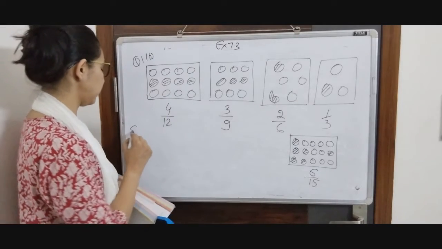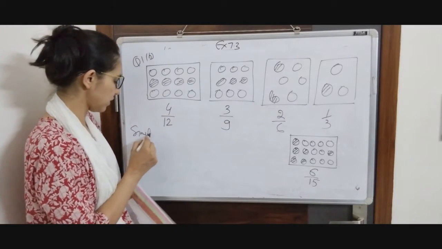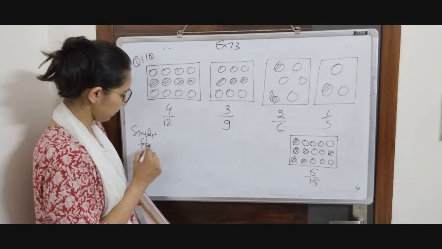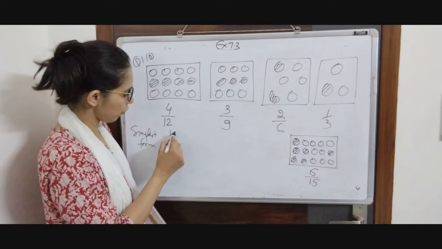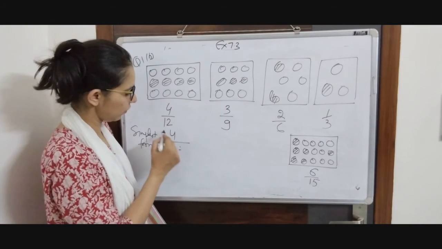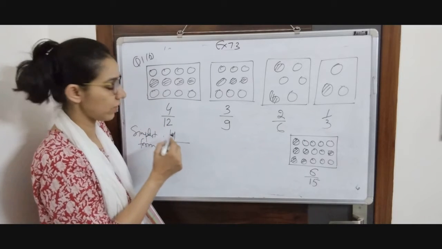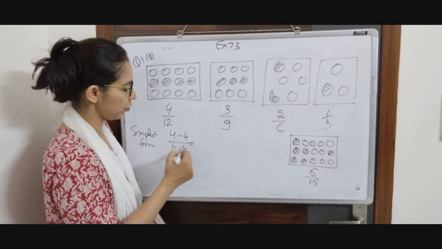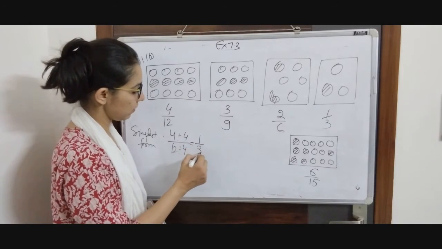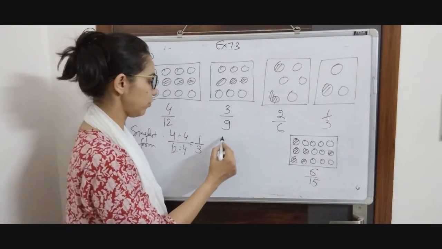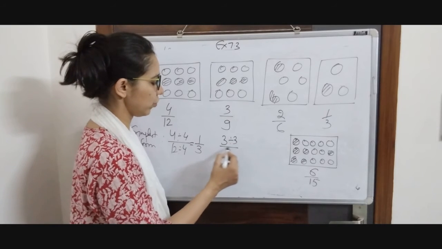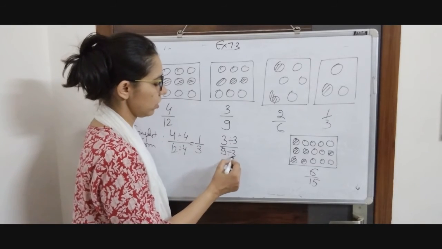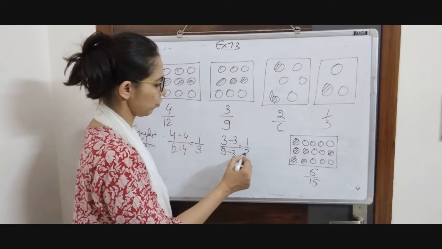So we are going to write the simplest form. The first is 4 by 12, and the HCF of 4 and 12 is 4. So we divide numerator and denominator by 4, and we get 1 by 3. Similarly 3 by 9, we divide both numerator and denominator by 3, because 3 is the HCF. This is going to be 1 by 3.